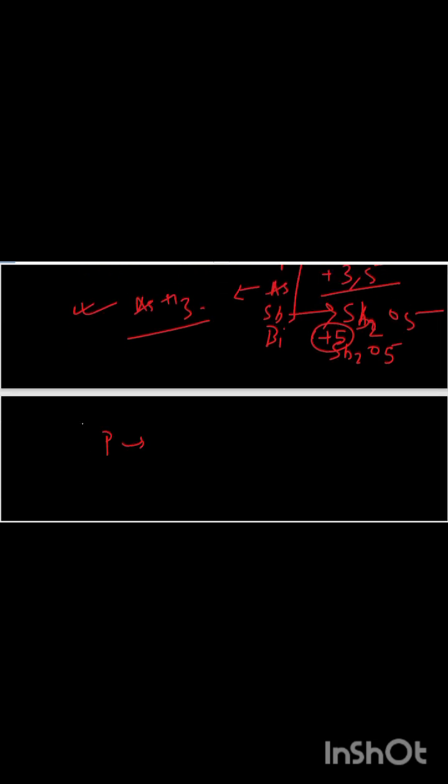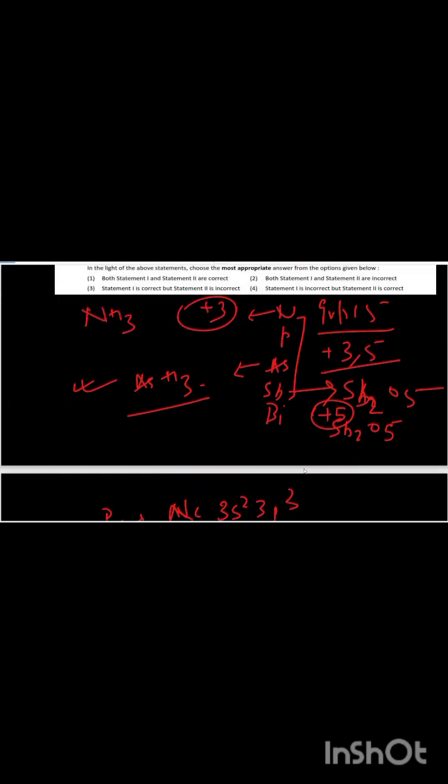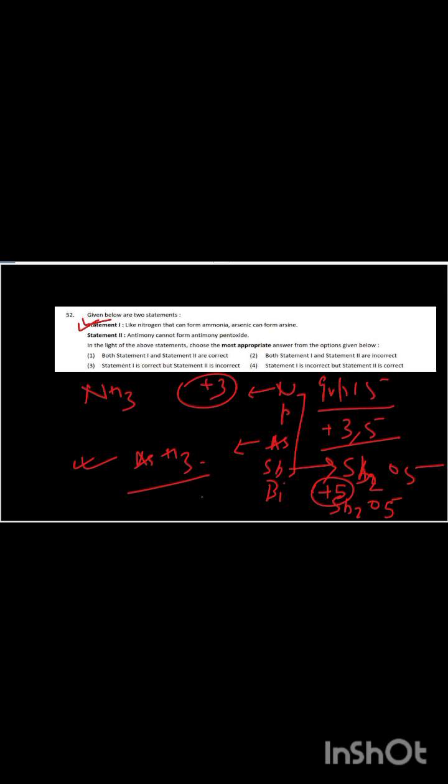Because phosphorus, suppose I am taking phosphorus, I could also have taken nitrogen, because neon 3s2 3p3. If 3p electrons are donated, it shows +3. If all are donated, it shows +5. So if both oxidation states are present, Sb2O5 can form with +5. Definitely it can form. So statement 2 is also correct. Both statement 1 and 2 are correct.